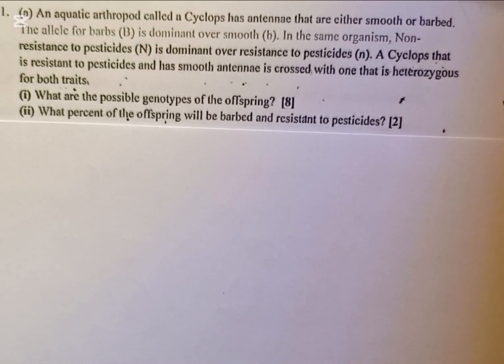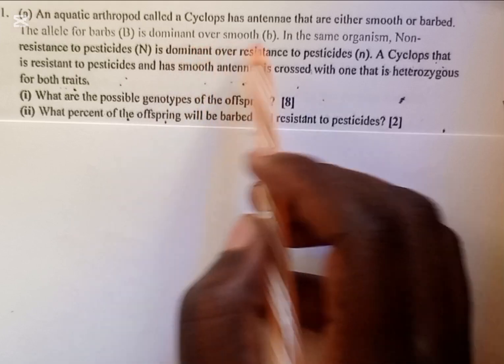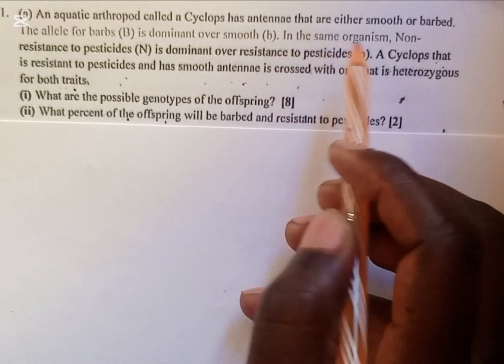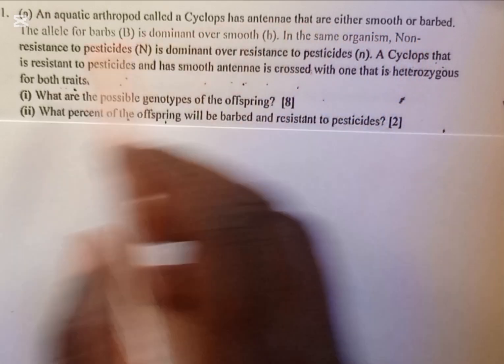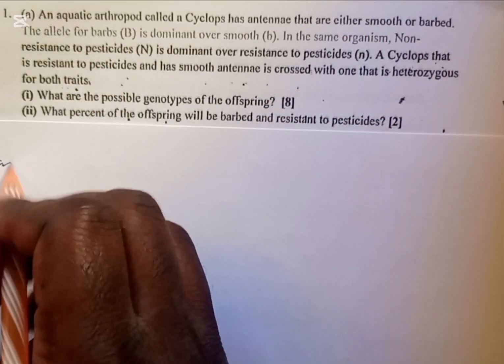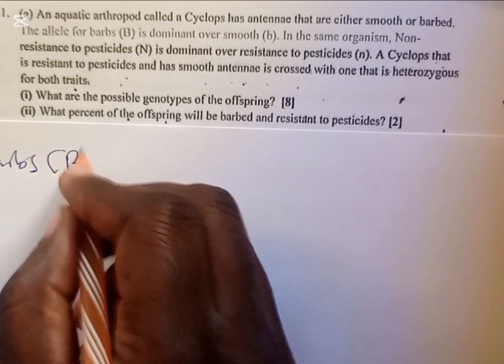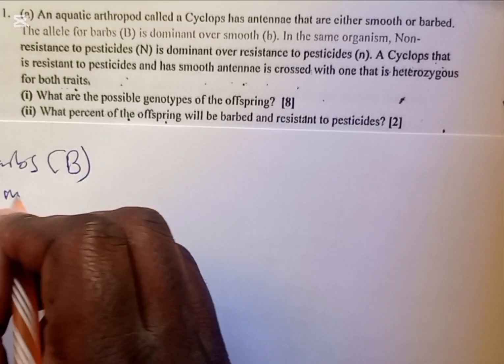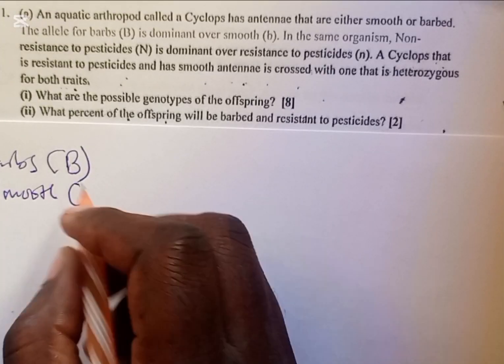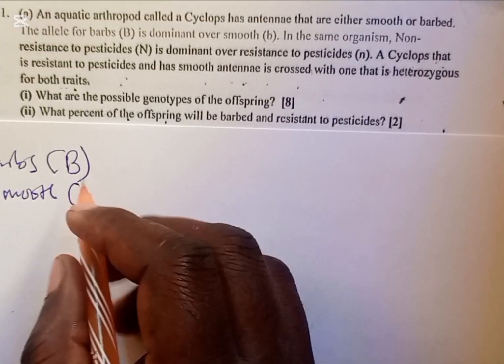Now, how I normally approach the hybrid crosses is this way. The first step is to identify the alleles that you're given in the question. So what we have here is this cyclops that has antenna, and these antenna can either be smooth or barbed. We are told that the allele for barbs is capital B, which is dominant over the smooth antenna. So smooth antenna is actually recessive.